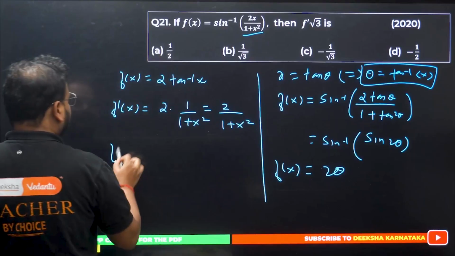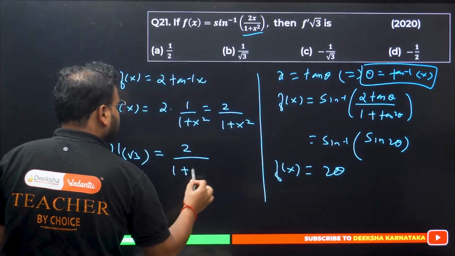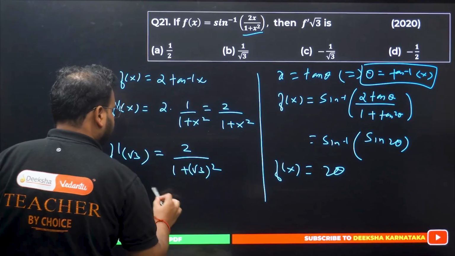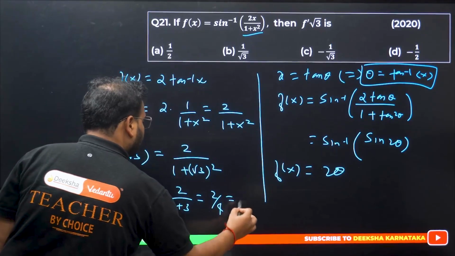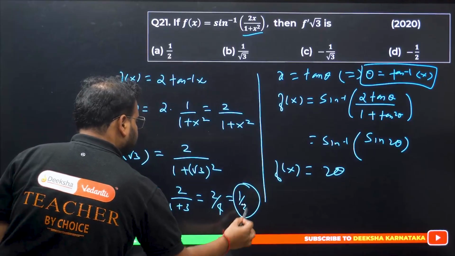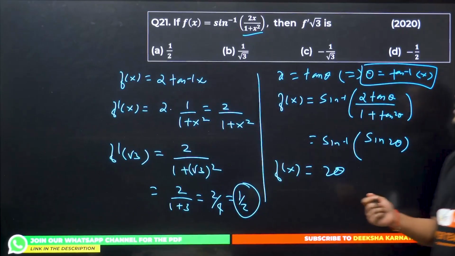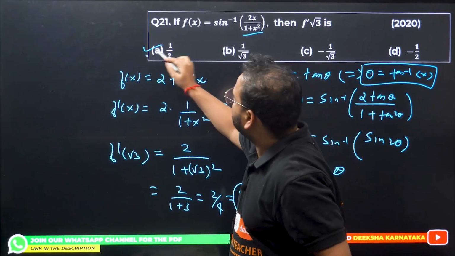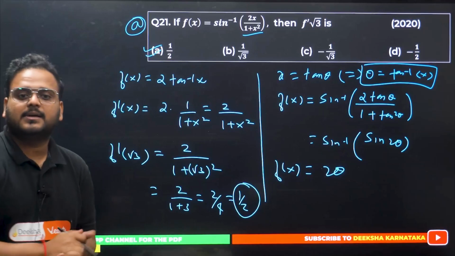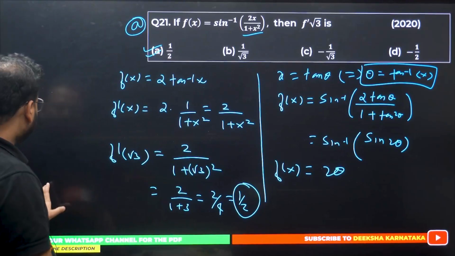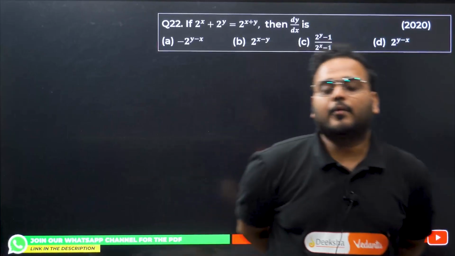I am looking for f dash when x is equal to root 3, so 2 upon 1 plus root 3 square, so 2 upon 1 plus 3, 2 upon 4, which is 1 by 2 is the answer. Option A is correct. Question number 21, option A is correct. Okay, all of you agree? Yes? Alright.